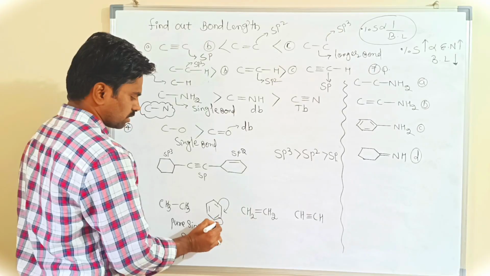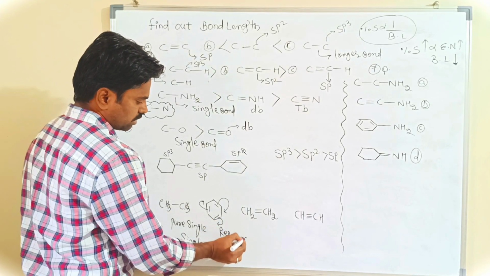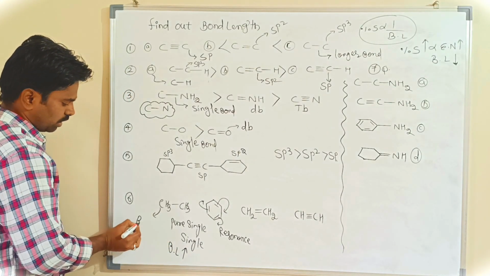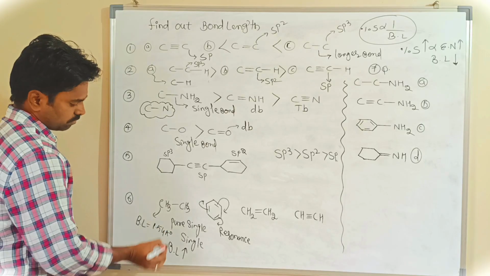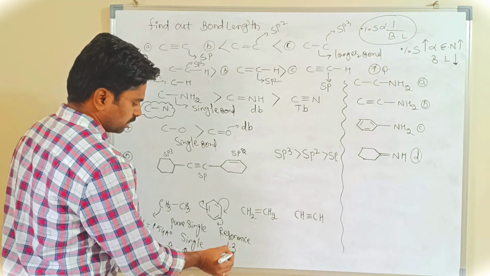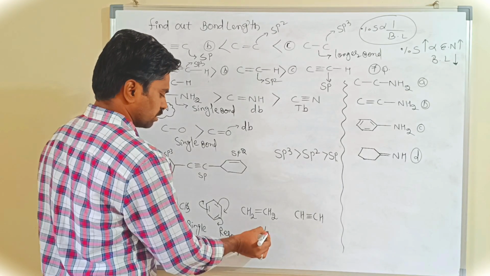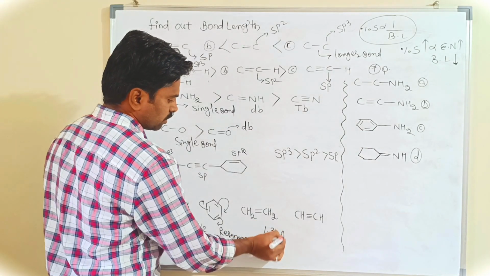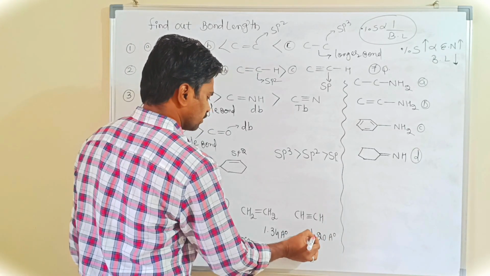But in this case, resonance is present due to conjugation. We know that the carbon-carbon single bond length is 1.54 angstrom, in benzene it is 1.39 angstrom, the double bond is 1.34 angstrom, and the triple bond is 1.20 angstrom.